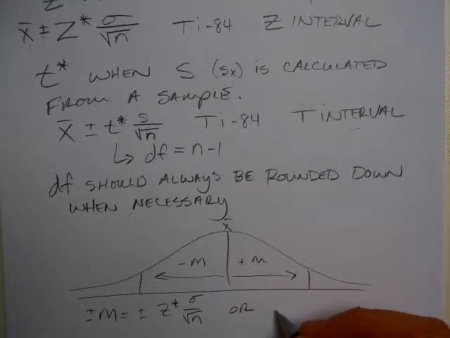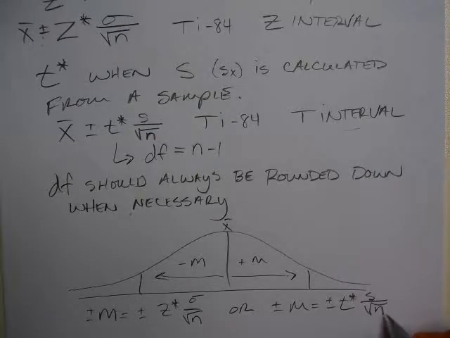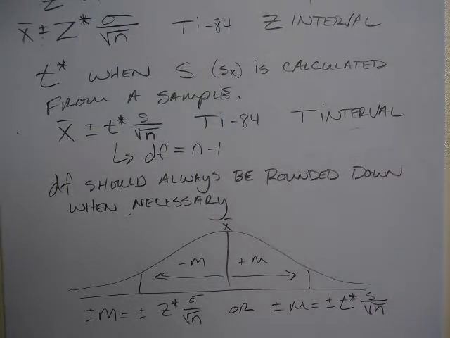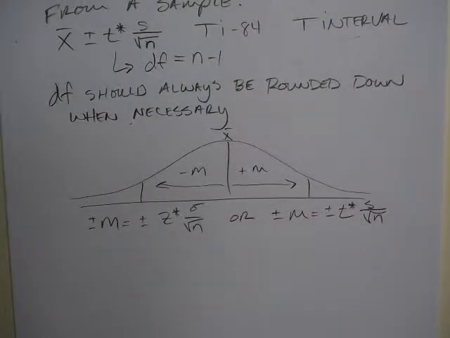Or plus or minus m equals plus or minus t star times s over root n. Excuse me. So these parts here literally tell you how much you add or subtract to that middle to get those outer bits for your confidence interval.